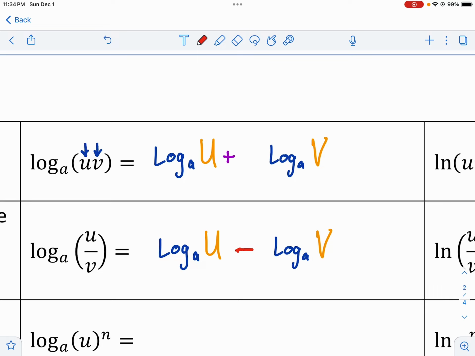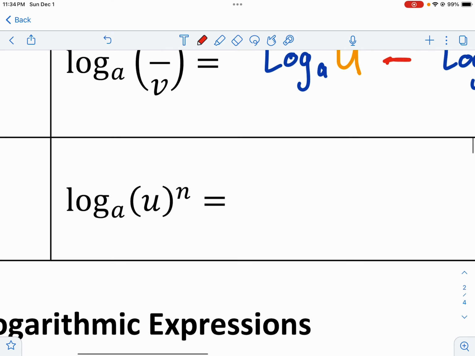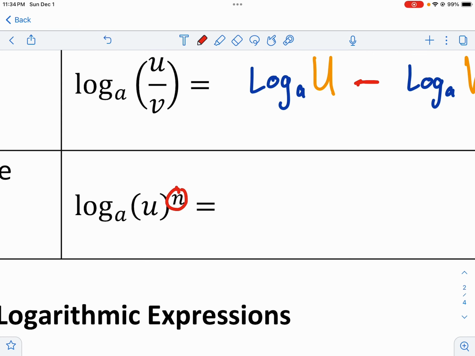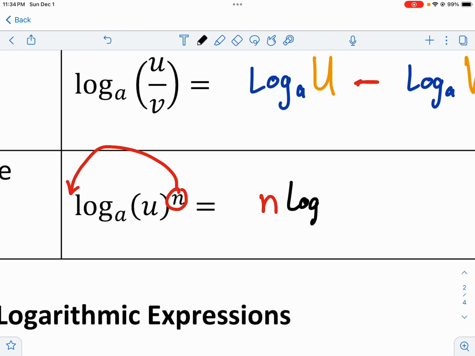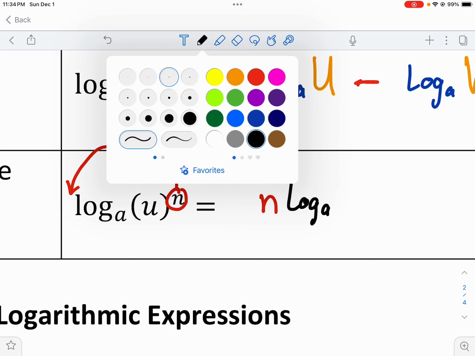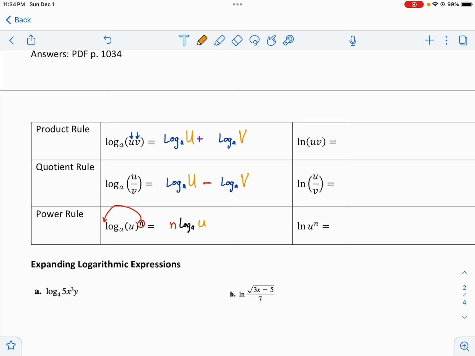And then lastly, the power rule. The power rule says you can take the exponent and you can move it to the front. So this is really n log a of u. Okay. And then the natural log is exactly the same.